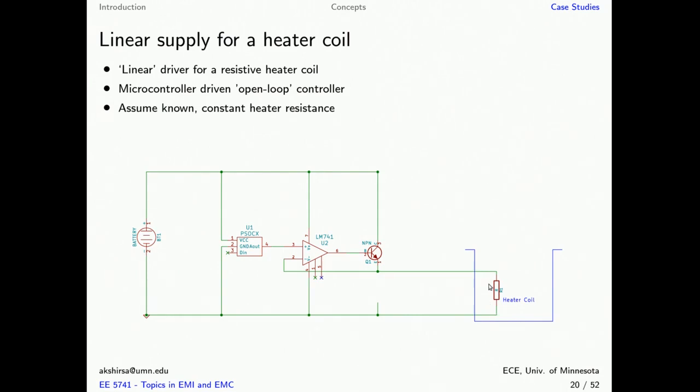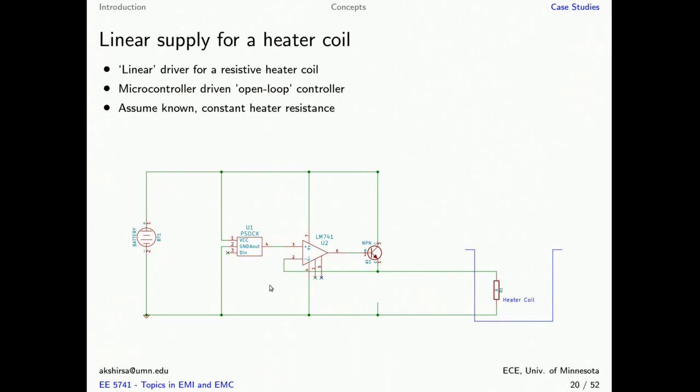Now, controlling the current in this heater coil is going to affect the temperature of this tank. And of course, there's going to be some feedback mechanism where there'll be a temperature sensor measuring the temperature here and feeding it back to give us the desired current that needs to be fed.